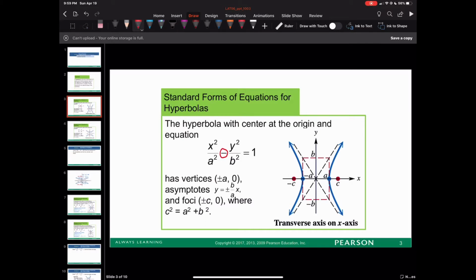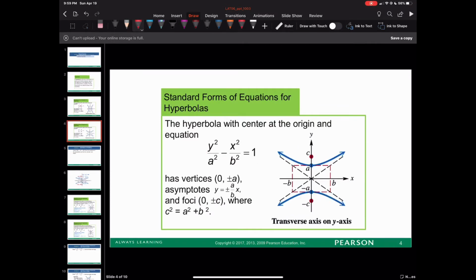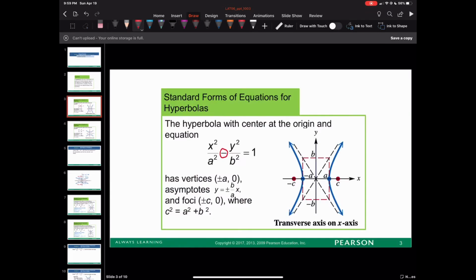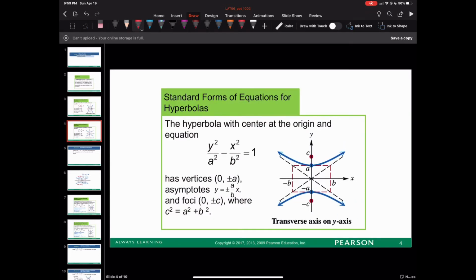Now it says the transverse axis is on the x-axis. All right? So keep that in mind. So we look at this one. This is y squared. If you notice, you have y squared over a squared minus x squared over b squared is equal to 1.